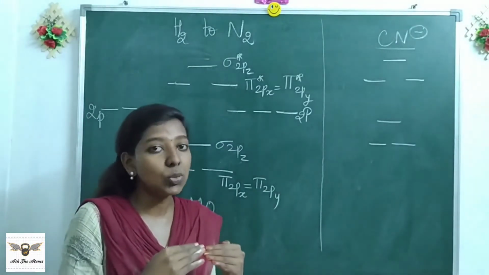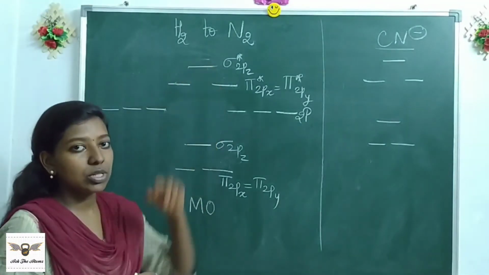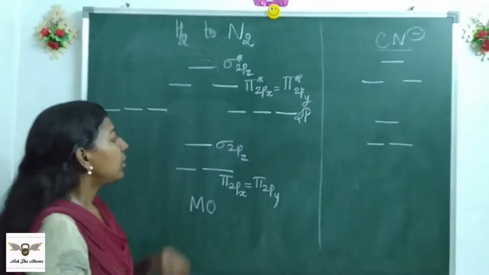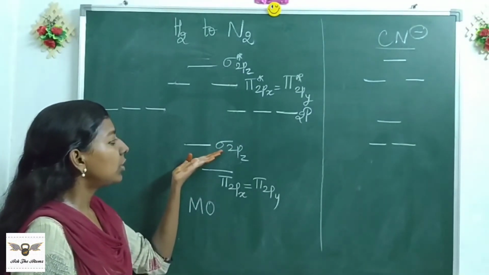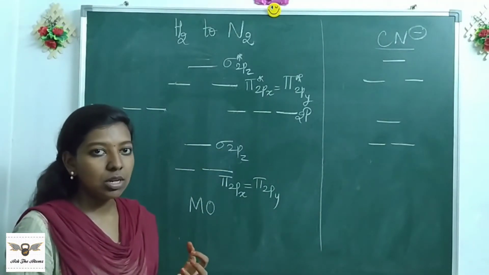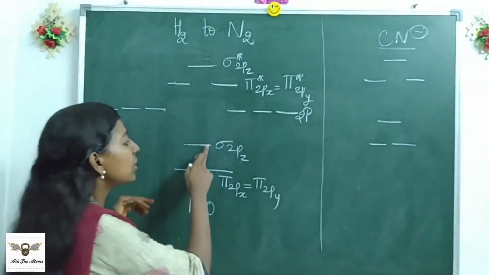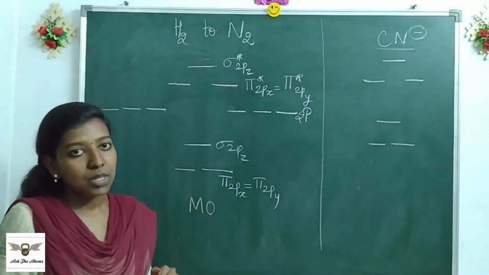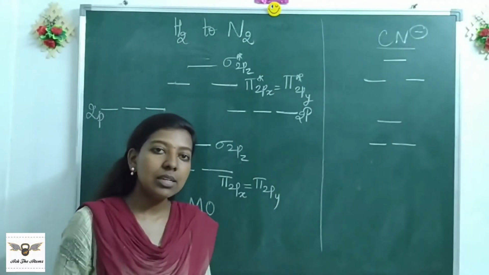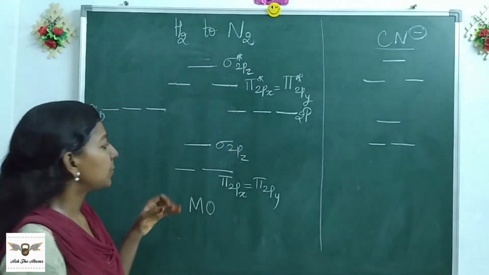This is called 2s 2p mixing. 2s 2p mixing is there in hydrogen to nitrogen. That results in the sigma 2pz level rising up. That kind of mixing doesn't happen in oxygen, so repulsion is not happening. So in oxygen you have the sigma level down and the pi level up. I will describe in detail in some other videos why this happens.